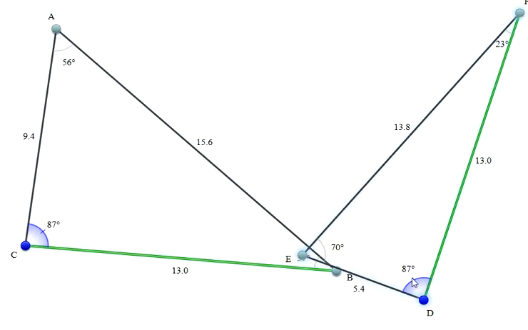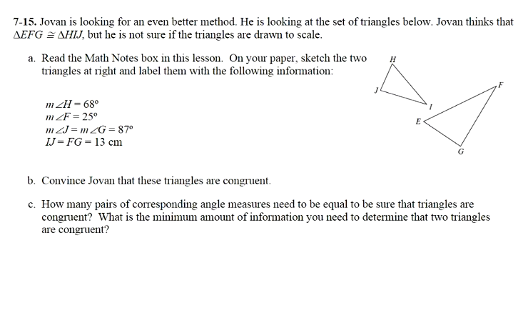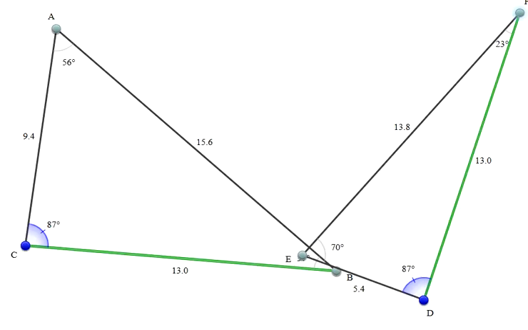Now another thing that it said was that one of the angles was 25 and the other angle was, let's see, what was the other angle? Angle F is 25 and angle H is 68. So if I come back here, I want to make this angle a little bit bigger.